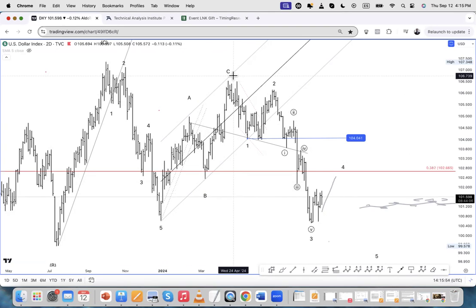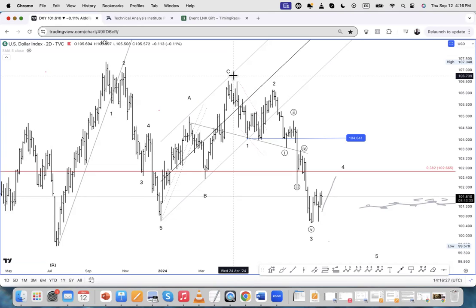What we are trying to do with the Elliott wave principle, we don't see the future. We don't see what the market is going to do. The only thing that we see here is probabilities. Basically, we are trying to take an ocean of possibilities that price offers us and transform it into a handful of probabilities.